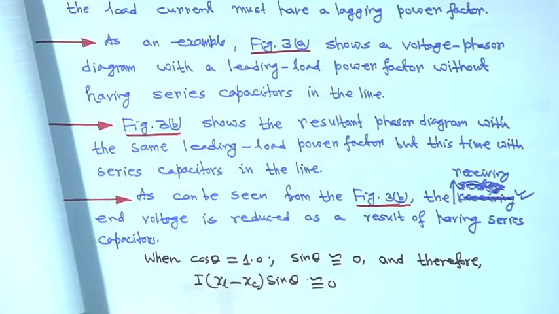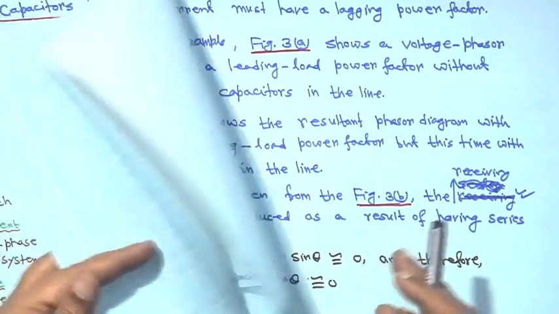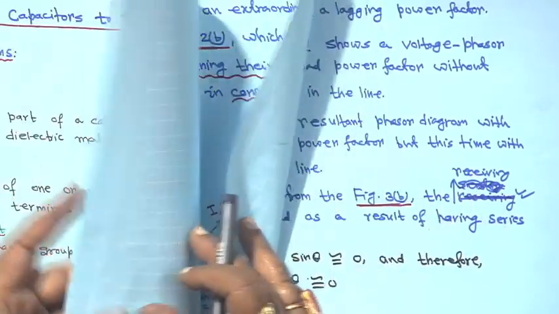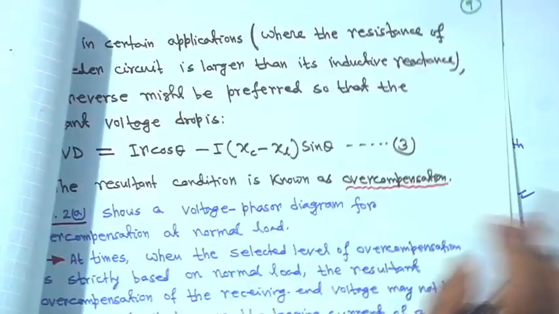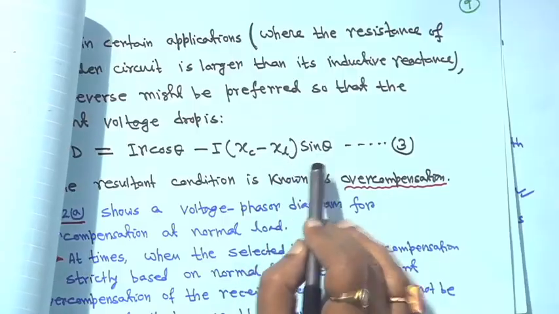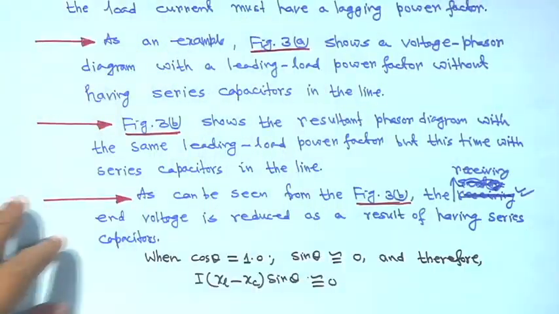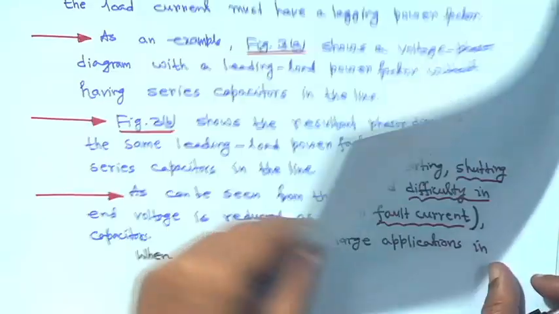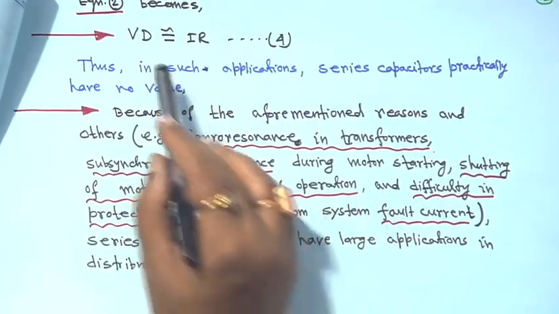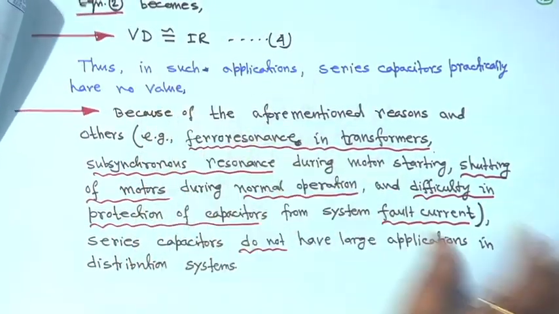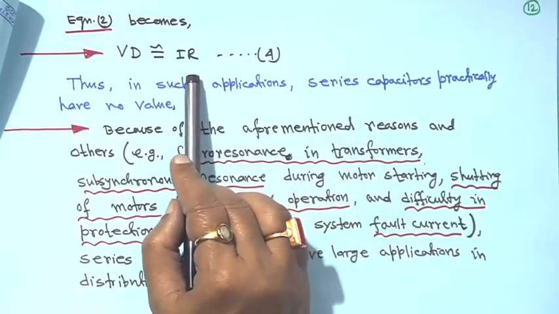In that case sin theta is approximately 0, and therefore I into (XL minus XC) sin theta is equal to 0. This term becomes 0 in equation 3, so the voltage drop Vd will be simply I into R, because the second term vanishes.